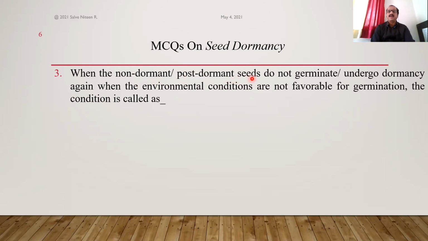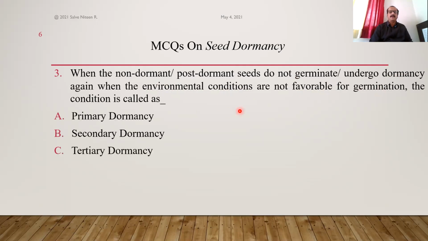But even in that case, if such seeds undergo dormancy, they re-enter the dormancy period after breaking dormancy and starting germination, if the environmental conditions are not favorable for germination, then the condition is called, so here the answer is secondary dormancy.